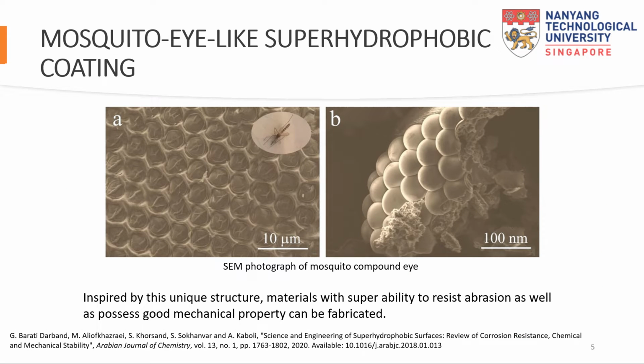Mosquito compound eye has microscale hemispherical structures, and if we further magnify the eye, we can see here nanoscale papillae with tight arrangements. So inspired by these unique structures, materials with super ability to resist abrasions as well as possess good mechanical properties can be fabricated.